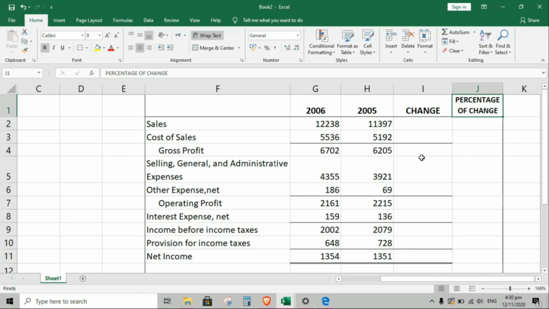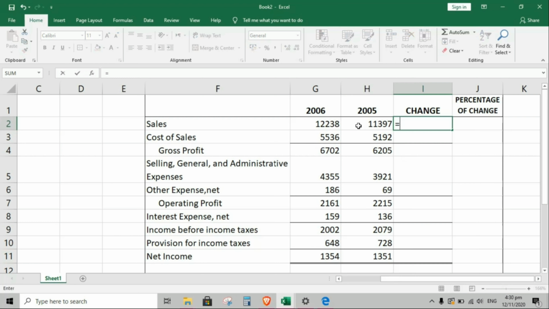First step in doing the comparative financial statement analysis is to get the change. Paano? Yung later date, yung recent date, minus yung earlier or yung previous date.